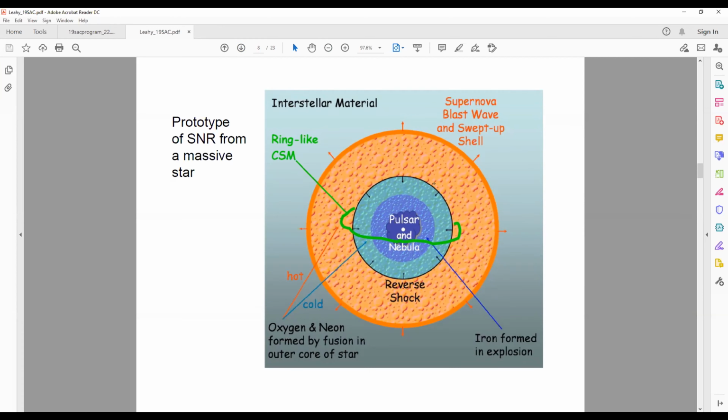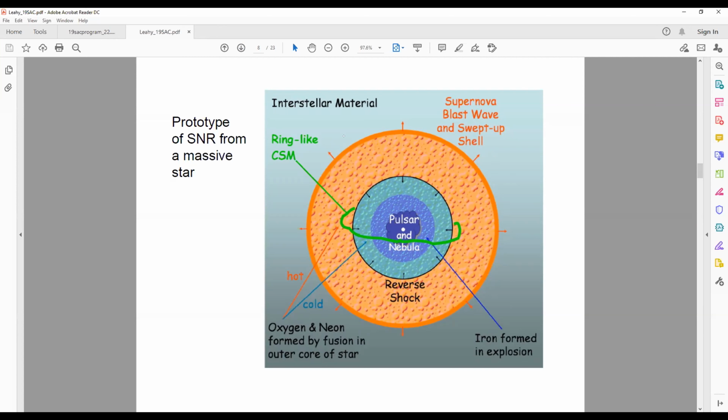But that shock, as it develops, well, first the density is so low that the high density ejecta cools by adiabatic expansion, so you have a cold expanding region.